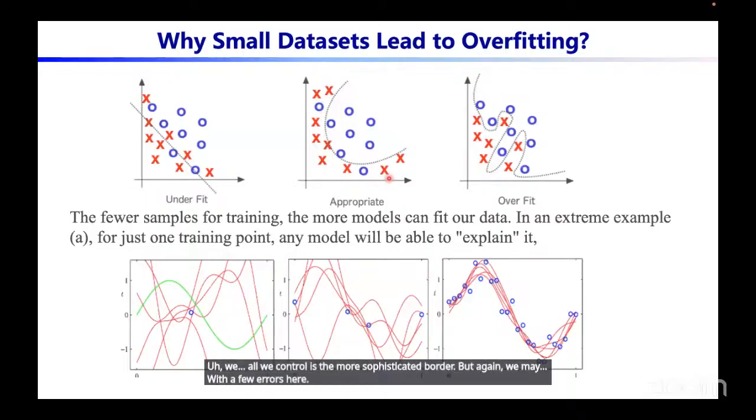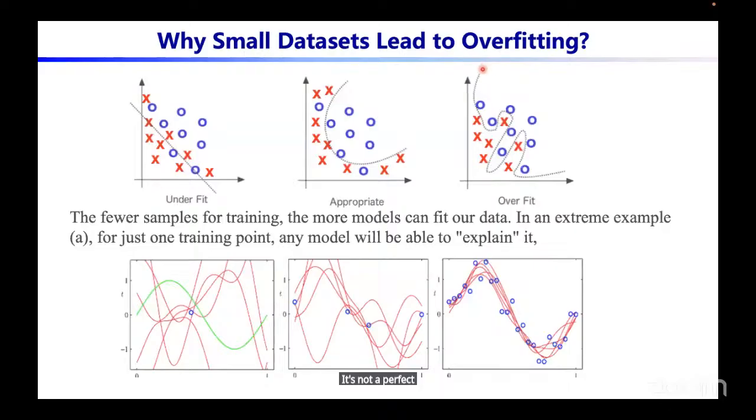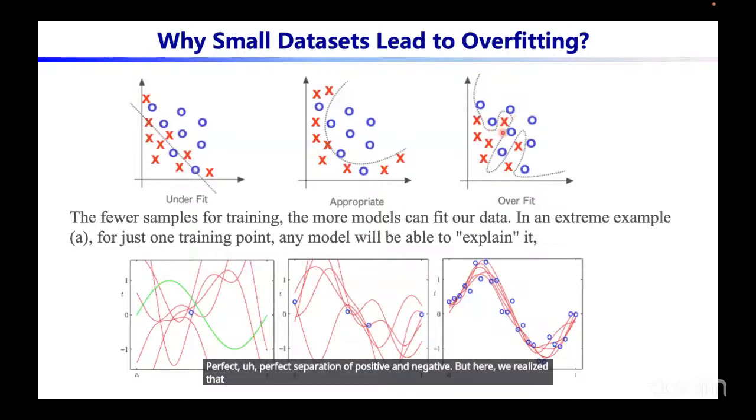It's not perfect. Or we can force our model to be perfect, a perfect separation of positive and negative. But here we realize that this border is too up to details, and then it can easily lead to errors, so this is definitely an overfitting situation.